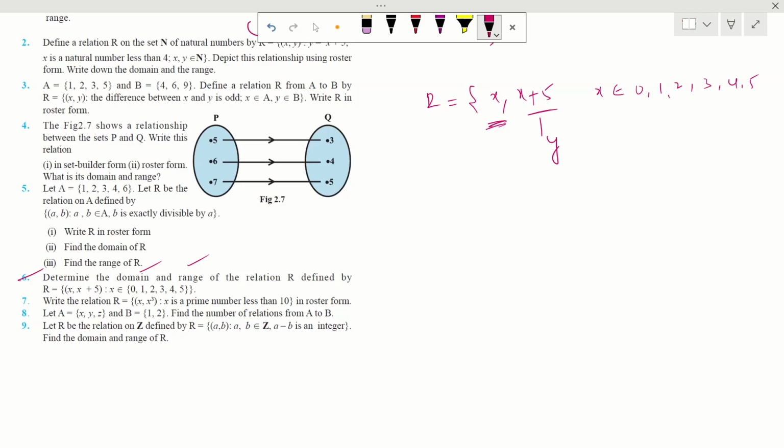Suppose we put the value of x as 0, 1, 2, 3, 4, 5. What will the relation be?